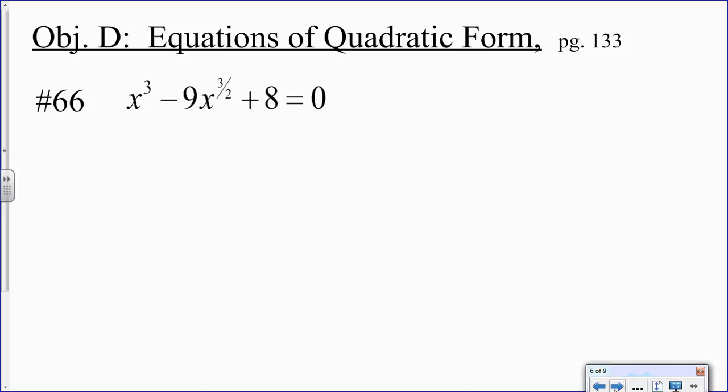So I have a quadratic form, because I can rewrite it as a quadratic. We do a technique called substitution.